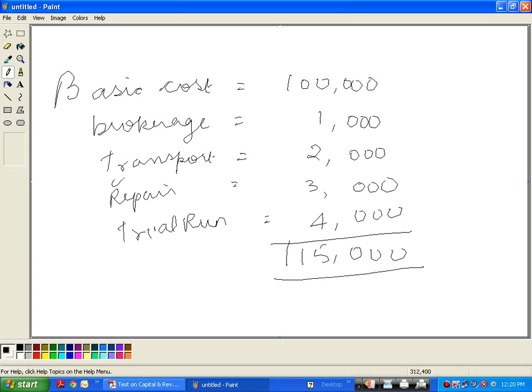So trial run is 5,000, we'll just change it to 5. So this becomes 1 lakh and 11,000 plus some 4,000 rupees on installation. So it becomes 1 lakh and 15,000 rupees. So the total cost of the machinery is 1 lakh and 15,000 rupees.